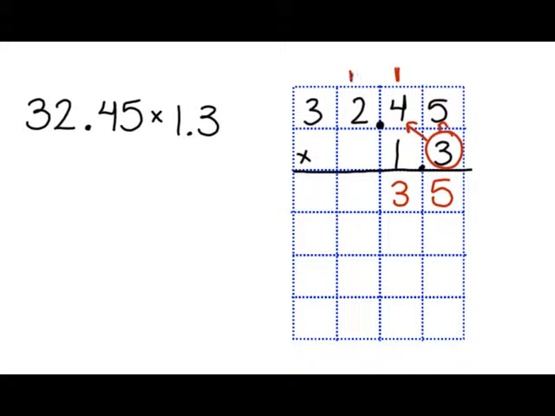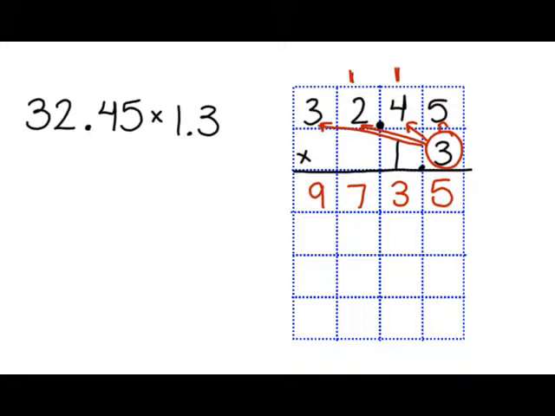I carry my 1, and I'm going to take 3 times 2, Charlie, which is 6. I add 1 from the top, and that is 7. And lastly, I'm going to take 3 times 3, Charlie, which is 9. Now I am done with my 3's digit.